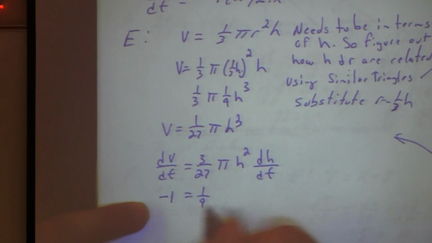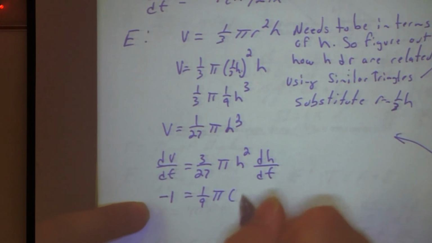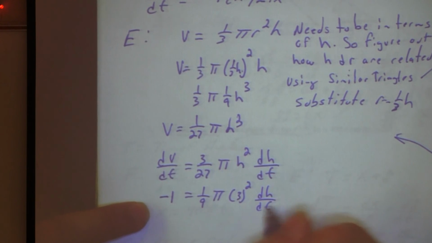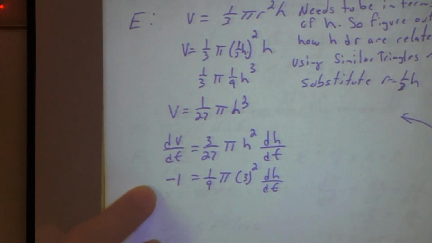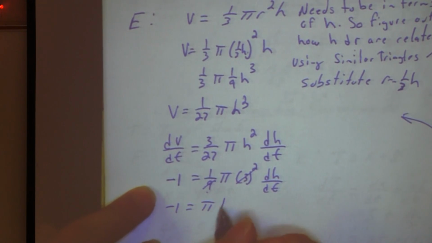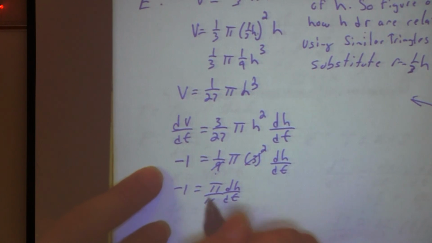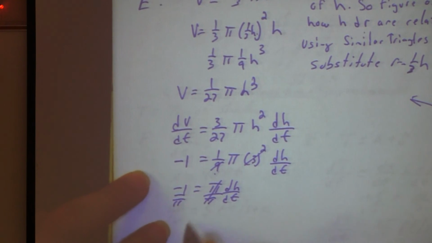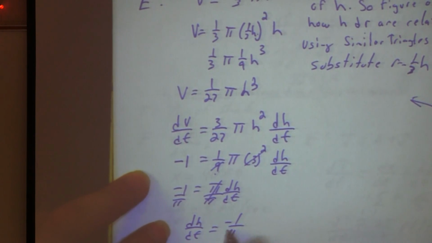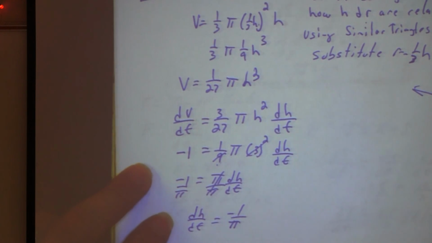So 1/9 pi times h, which is 3, squared, dh/dt. 3 squared is 9, and we got a 9 down here, so they cancel out. So we got -1 equals pi dh/dt. Divide by pi. So dh/dt equals -1/pi. Should it have been negative? Yeah. Was the water level supposed to be going down? Yes.